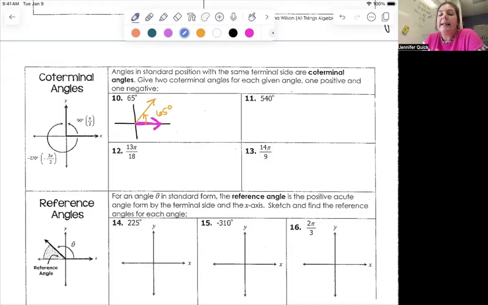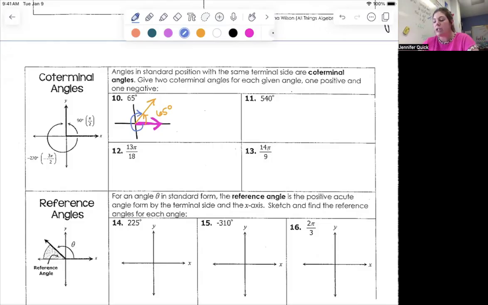Okay. But if there is another angle that shares that same orange, which is the terminal side, the only way that's possible is if I go the other direction. Okay. If I go the other direction, that's going to make that a negative angle.